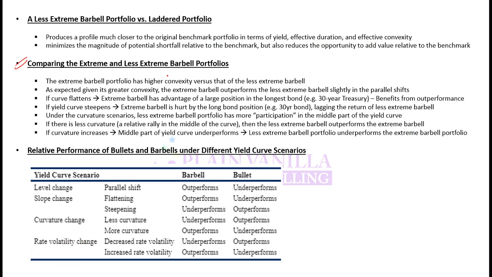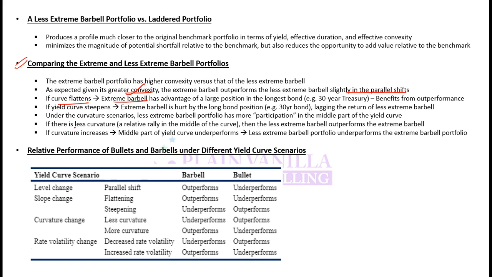Comparing the extreme and less extreme barbell portfolio. So the extreme barbell portfolio would have higher convexity, and the less extreme would have lower convexity. As expected, given its greater convexity, the extreme barbell outperforms the less extreme barbell slightly in a parallel shift. If the yield curve flattens, the extreme barbell will outperform.